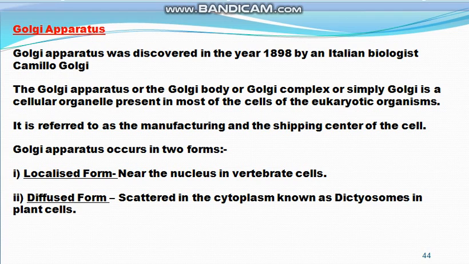So near the nucleus, as in vertebrate cells, it is in the localized form, and when it is diffused and scattered in the cytoplasm, it is known as dictyosomes, as happens in plant cells.